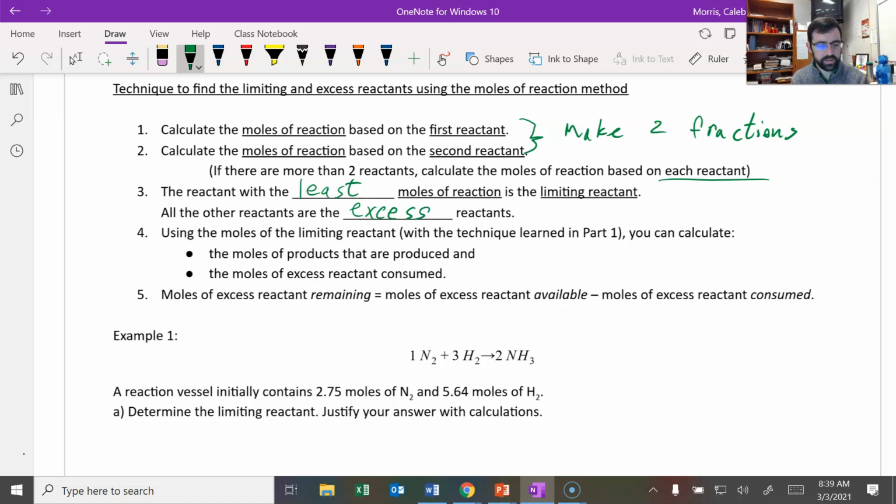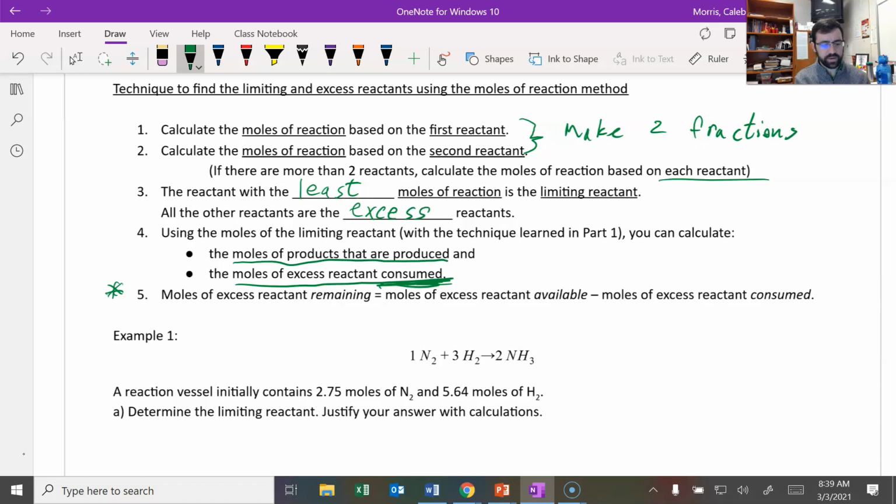Using the moles of the limiting reactant with the technique that we learned in part 1, you can also calculate the moles of products that are produced and the moles of excess reactant that are consumed or used. And then we can figure out how to find the moles of excess remaining. This is probably the hardest part; more students get this part wrong than any other part.